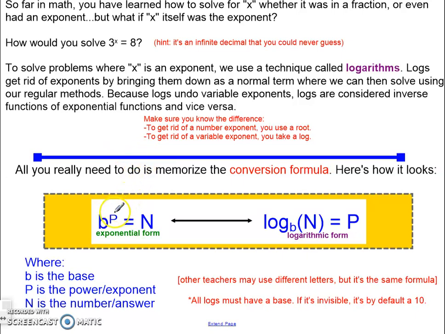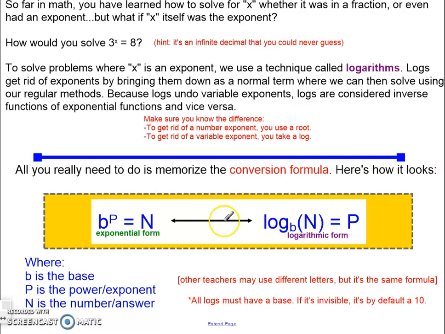So if we have exponential form, we have some base, some power, and that'll be equivalent to some number. Well, using that same lettering, we can write it in logarithmic form. The only thing that's slightly different is we introduce the word log.